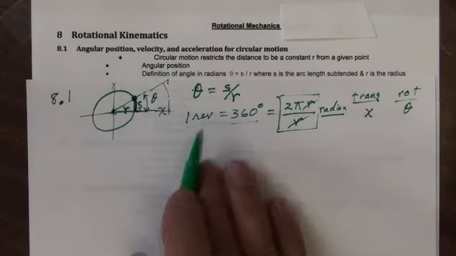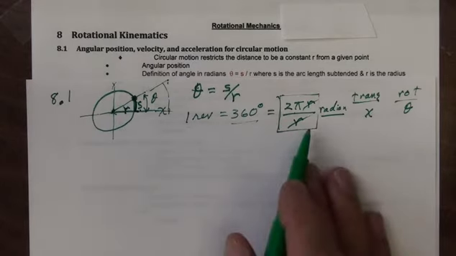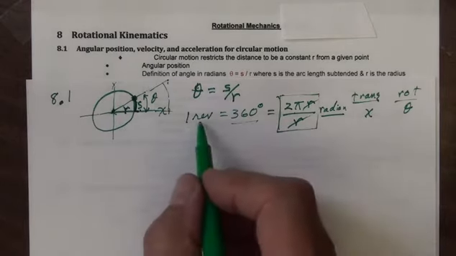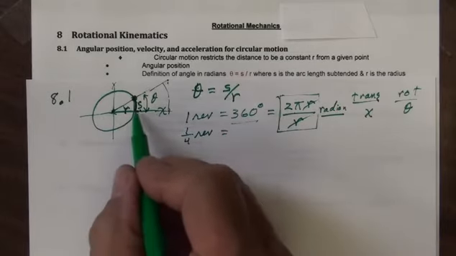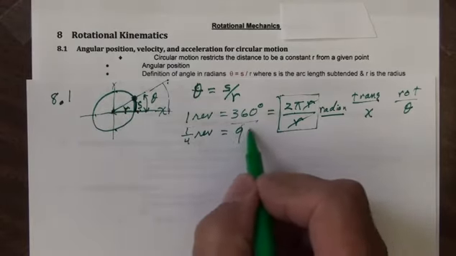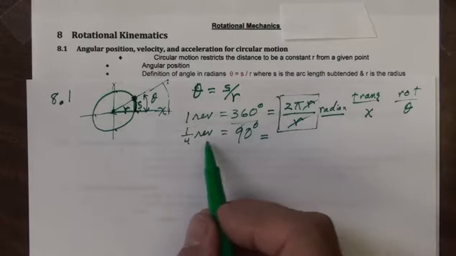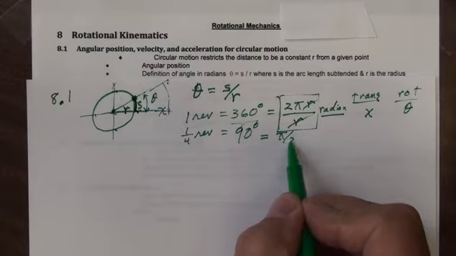It's easy to convert, so the first thing you have to do is to be able to convert from one thing to another. What, for example, is 1/4 of a revolution? 1/4 of a revolution would be up to here, because I go 1, 2, 3, 4. And that is, of course, 90 degrees. And if I divide this by 4, I end up with pi over 2.